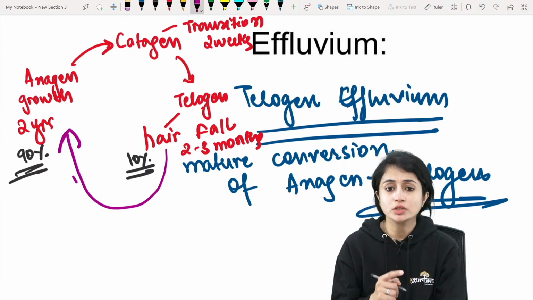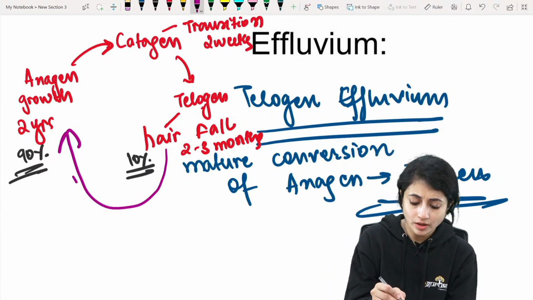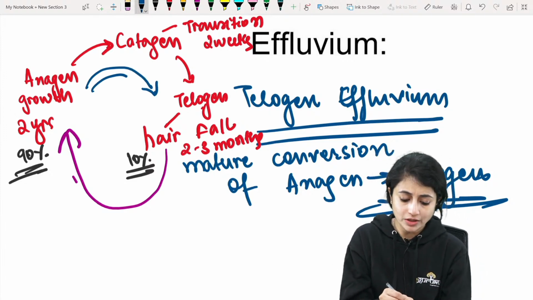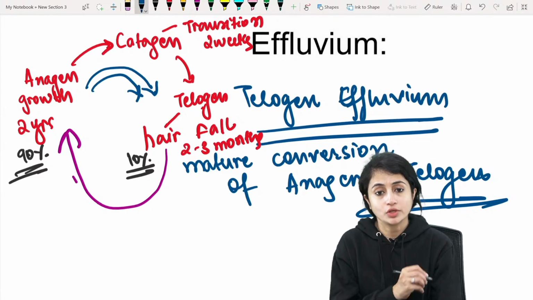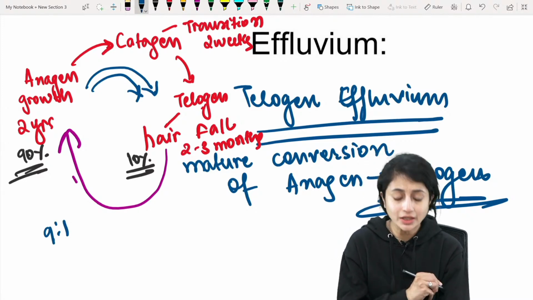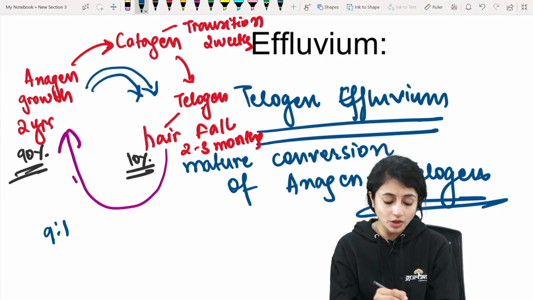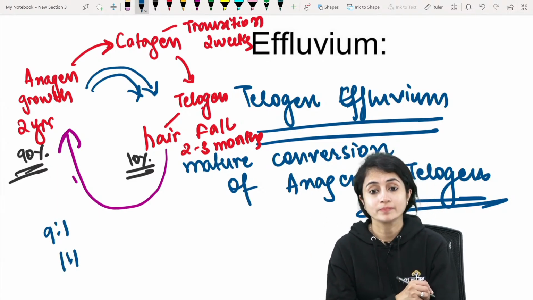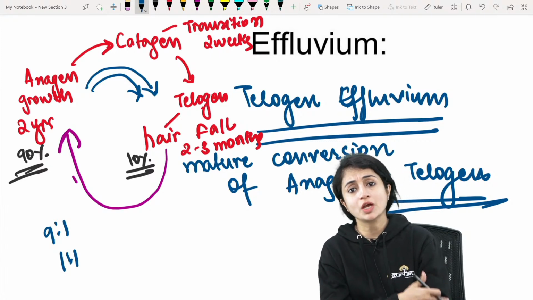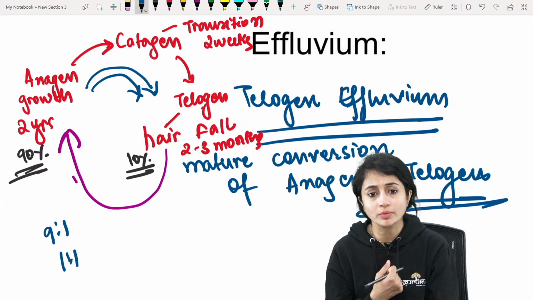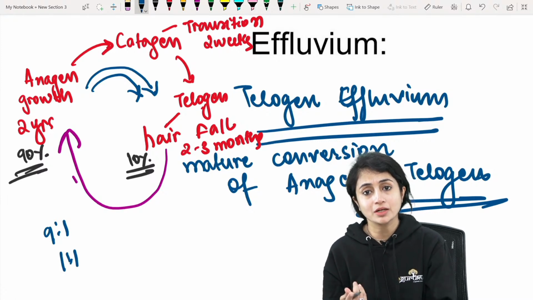It converts my anagen hair prematurely into telogen. A lot of anagen hairs get converted into telogen. So the ratio, which was 9:1, that is 90 and 10, gets converted almost to 1:1. Almost 50% of the anagen hair go into the telogen hair because telogen hair has no nutritional requirement. So it's a protective mechanism from the body side.